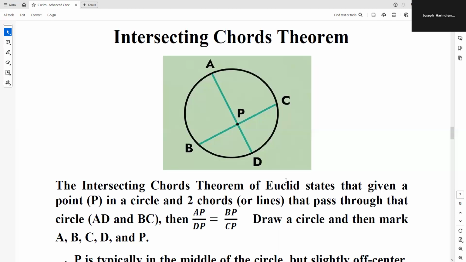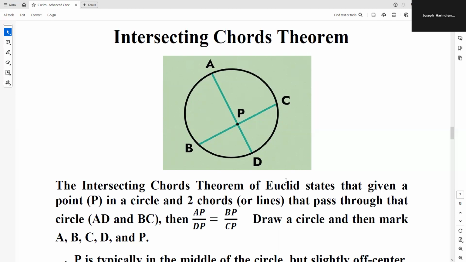Then the ratio of the corresponding segments of the chord, AP by DP, is equal to BP by CP. Draw a circle, then mark all these points.